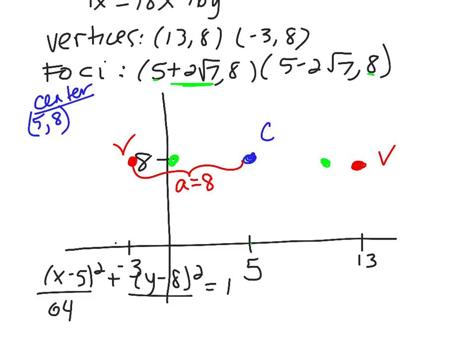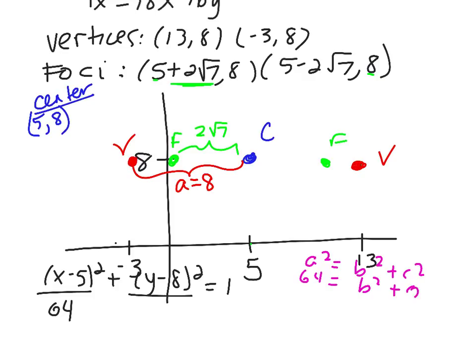So now I need my B. In order to get my B, I'm going to have to use A squared equals B squared plus C squared. So A squared, 64, equals B squared plus C squared. Now C, remember, is from center to foci. So from center to foci, I'm going left, right, 2 radical 7.